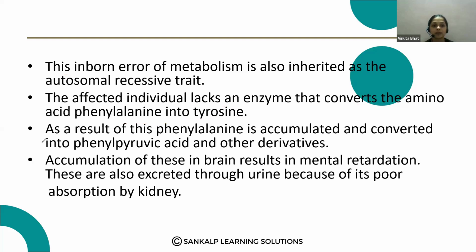So that enzyme is affected because of this autosomal error. As a result, phenylalanine is accumulated and converted into phenylpyruvic acid and other derivatives. Accumulation of these in the brain results in mental retardation, and these are also excreted through the urine because of poor absorption by the kidney.